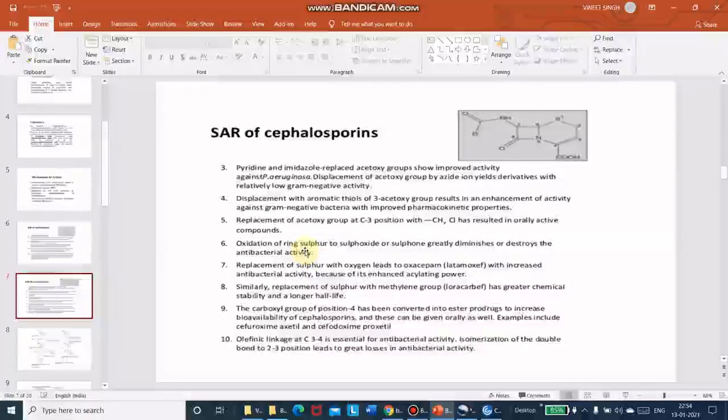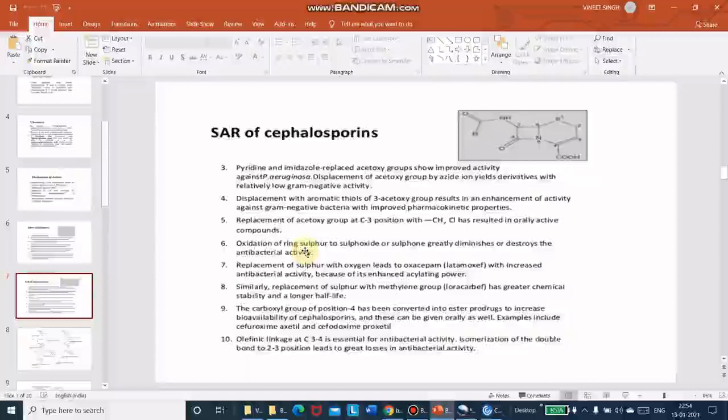Replacement of the acetoxy group at the C3 position with CH2Cl has resulted in only active compounds. Oxidation of the ring sulfur to sulfoxide or sulfone greatly diminishes or destroys the antibacterial activity.